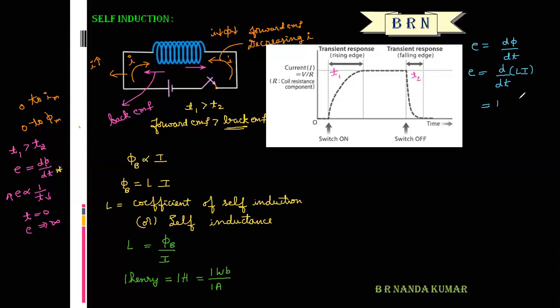So E equals L into di by dt. So L is equal to E divided by di by dt. If di by dt is equal to 1 ampere per second, then the self-inductance is equal to E.